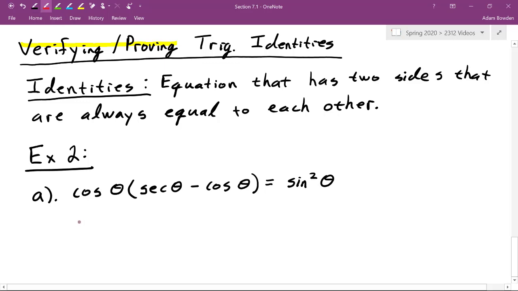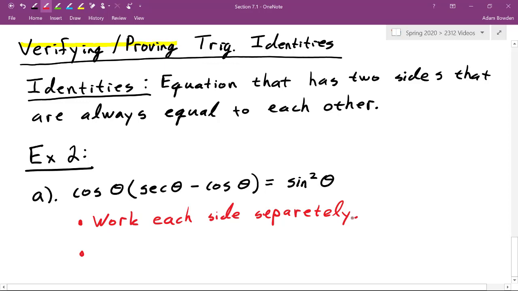So there are a few things we can do to make this happen. One of the key things is we're going to work each side separately from each other, and ensure that we're not assuming that the two are equal from the very beginning.